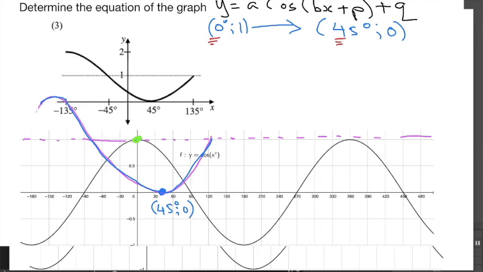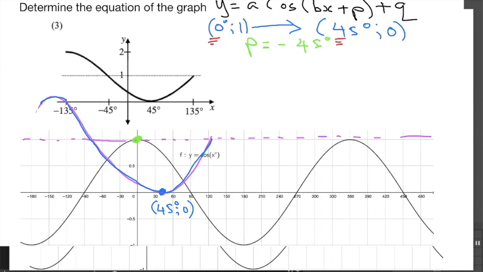That speaks of a horizontal shift, and we are shifting to the right from 0 to 45 degrees. And if we are shifting to the right, that means the value of P should be negative 45 degrees. So in this case, if you are using cosine, then P will be equal to negative 45.